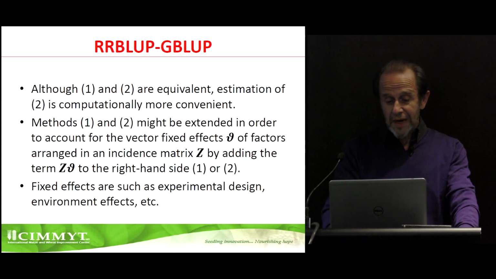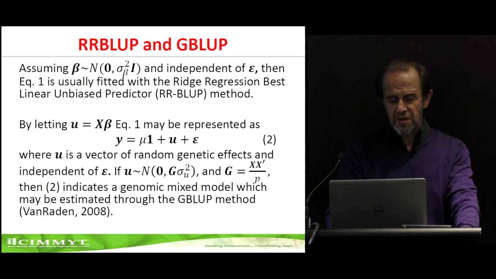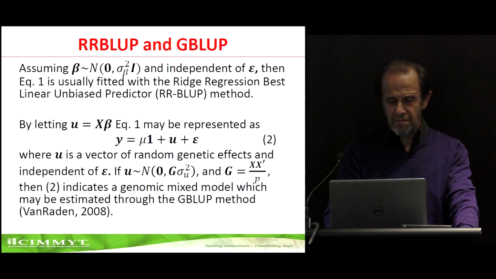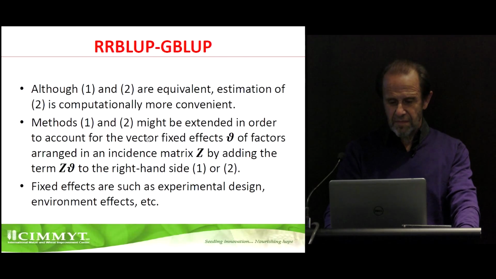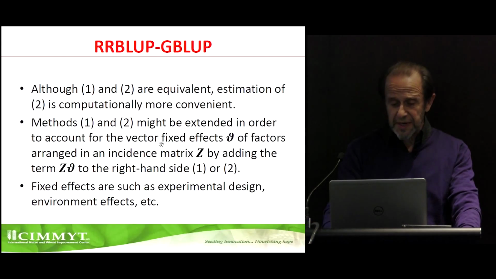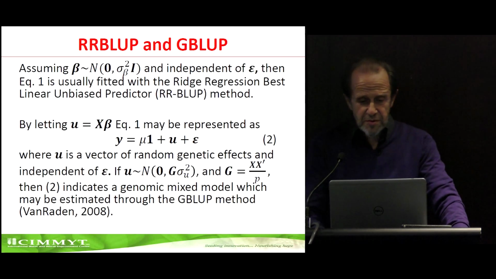Also, in the previous equation, we can have a fixed effect. If we have sites, you can have site as a fixed effect right here. Or you can put any other effect coming from the design, such as replicates in complete blocks.